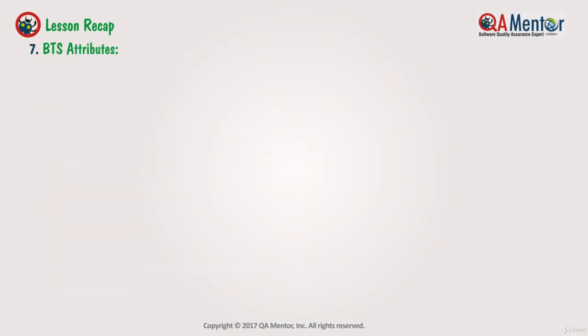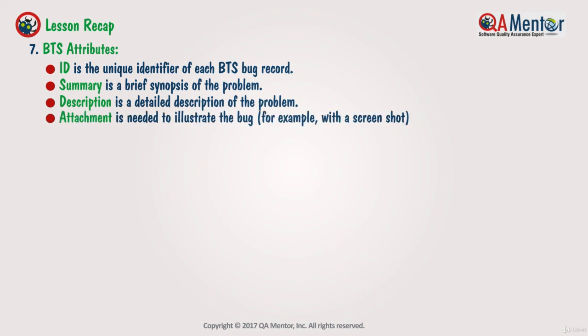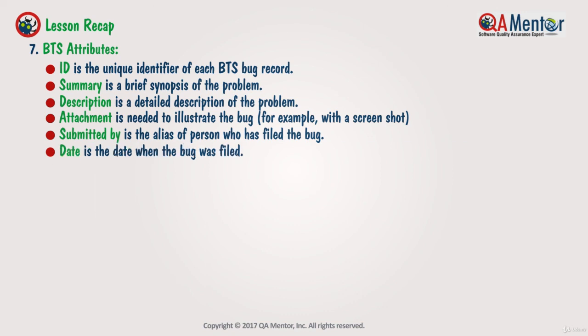BTS attributes. ID is the unique identifier of each BTS bug record. Summary is a brief synopsis of the problem. Description is a detailed description of the problem. Attachment is needed to illustrate the bug, for example, with a screenshot. Submitted by is the alias of the person who has filed the bug. Date is the date when the bug was filed.